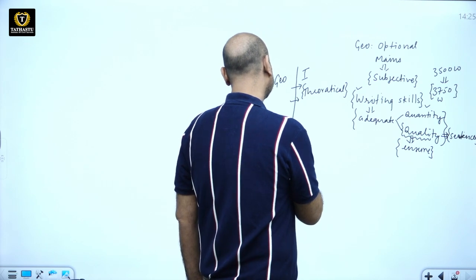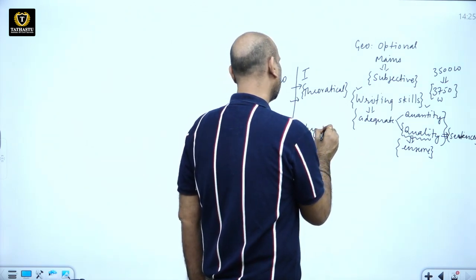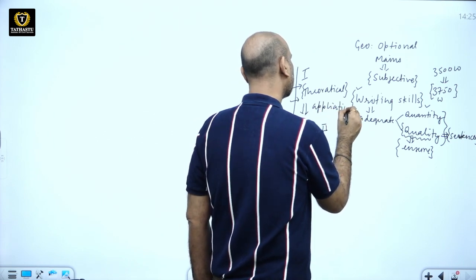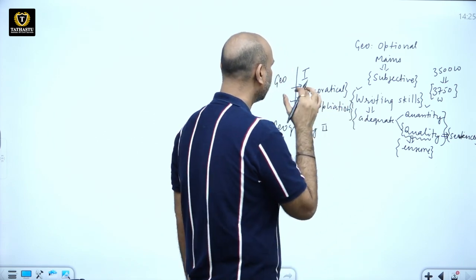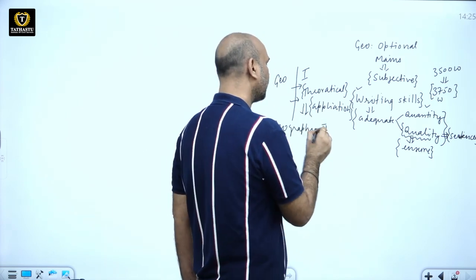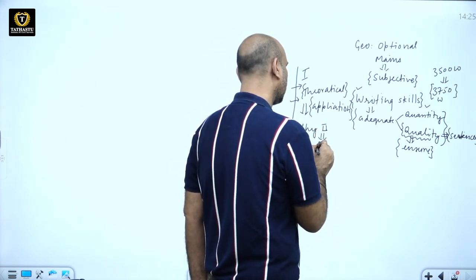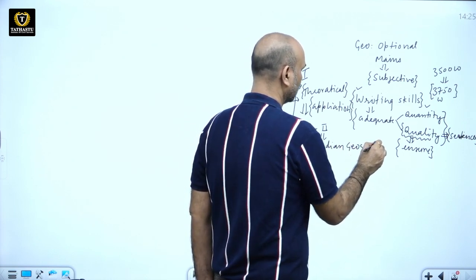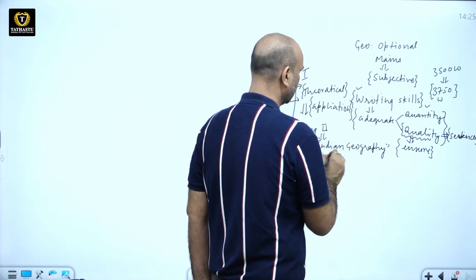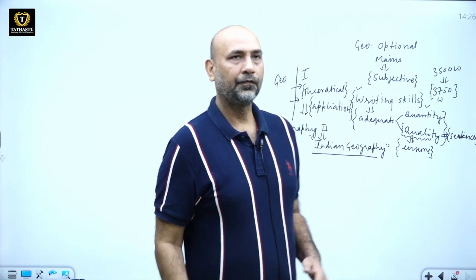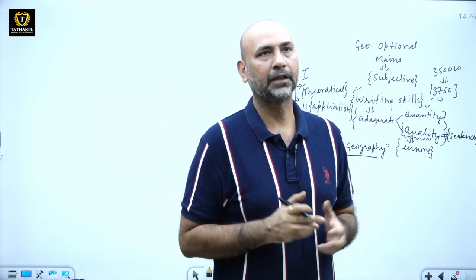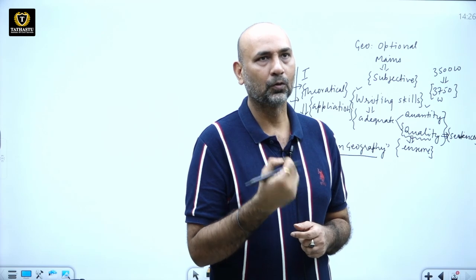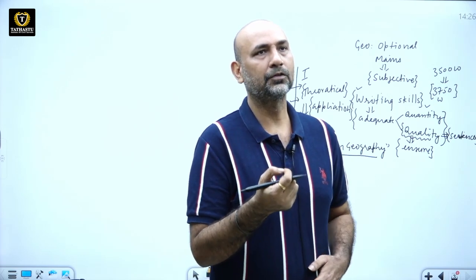Geography second paper, which is on Indian geography, is the application of the theories, rules and laws of the first paper to Indian geography. So the first paper is crucial. It gives you a deep understanding of the theories, rules and laws included in geography.